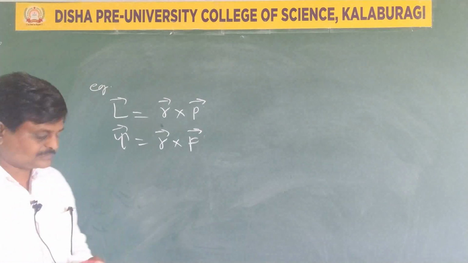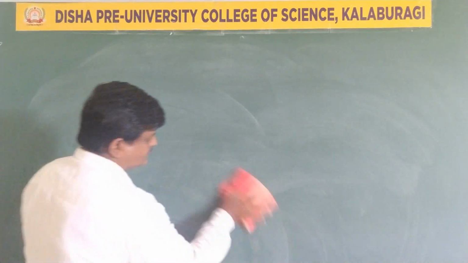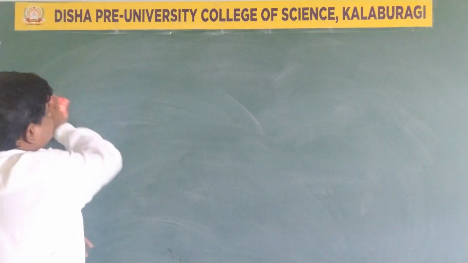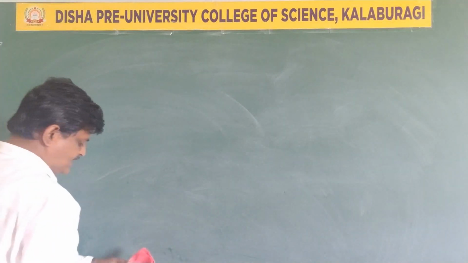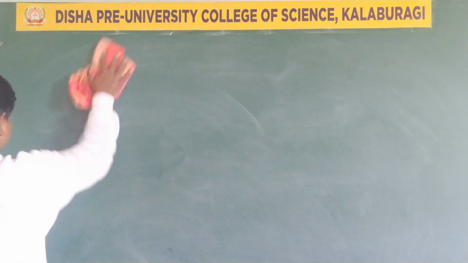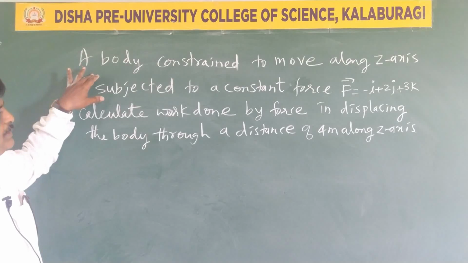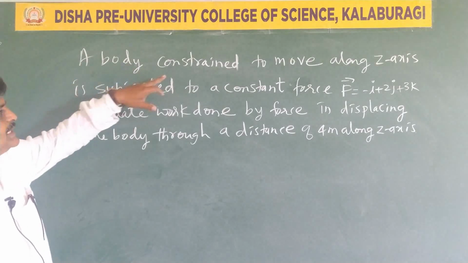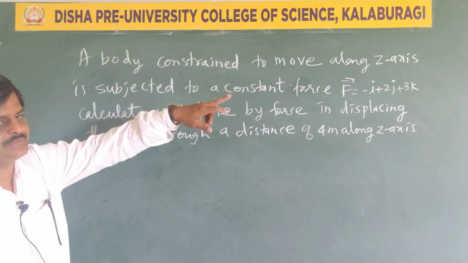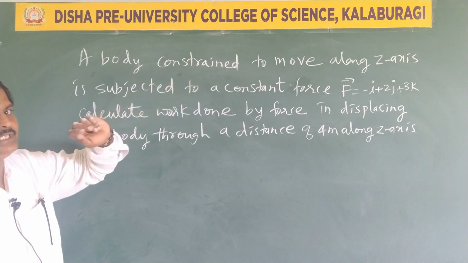Now we will see some important numericals, please, for your objective interactions. See, one numerical: a body constrained, compelled to move along the z axis. Let me read: a body constrained to move along the z axis.